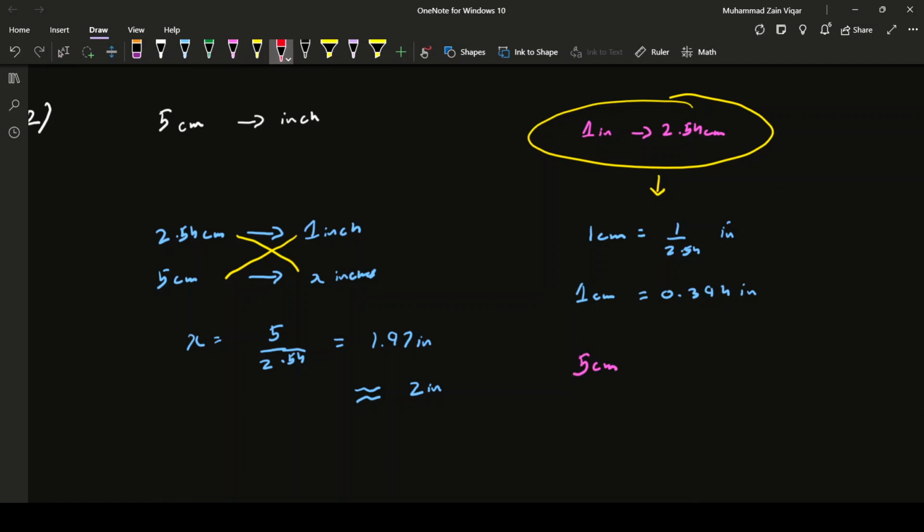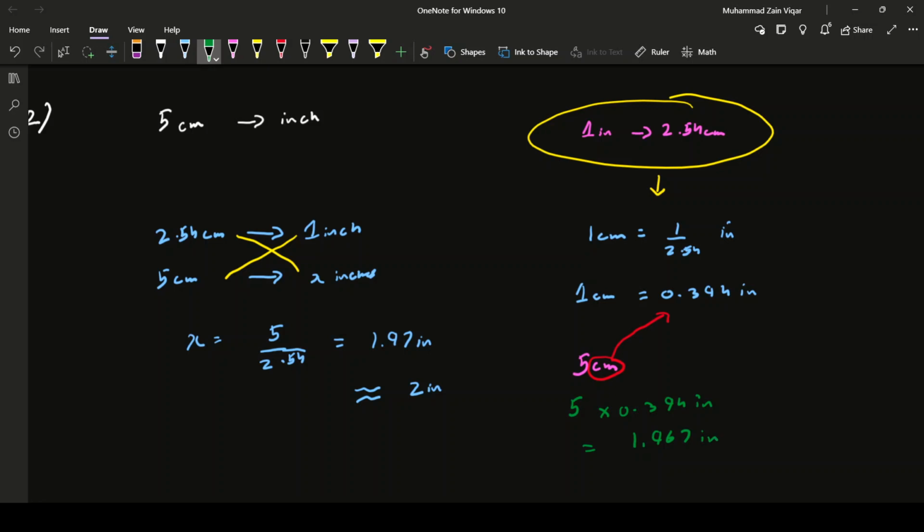So I could just replace the centimeter with the result that I obtained, and say 5 multiplied by 0.394 inches, and the result would be simply 1.967 inches.